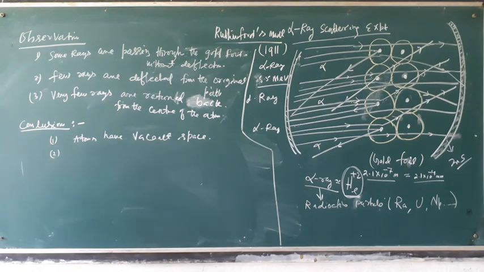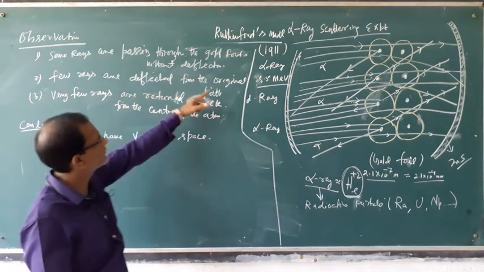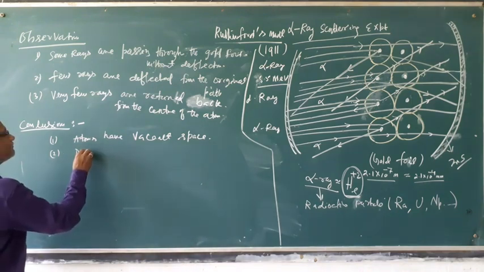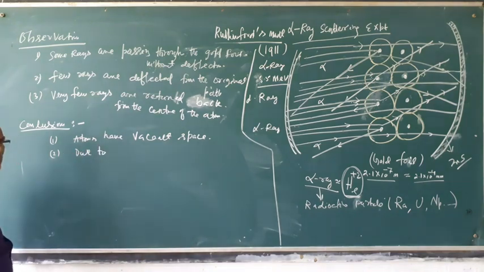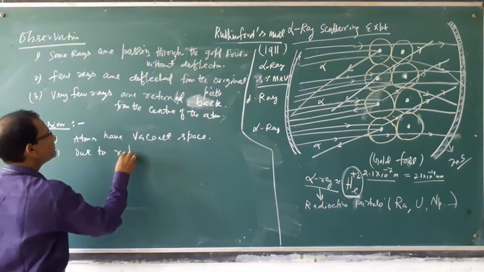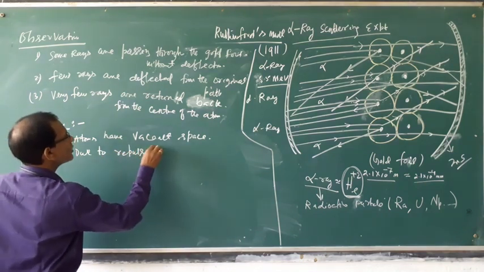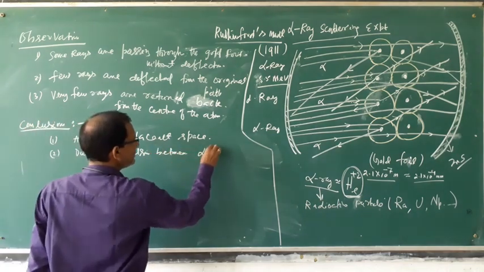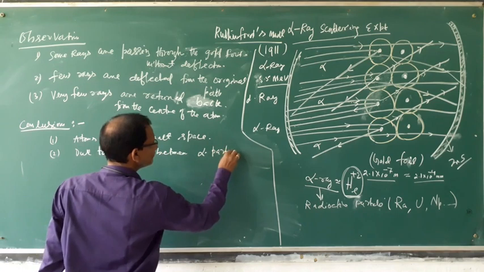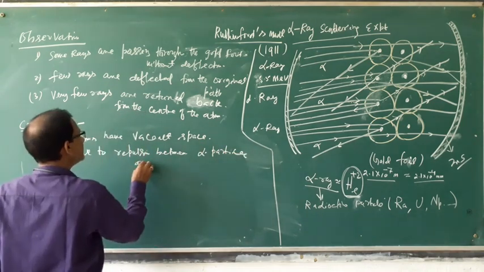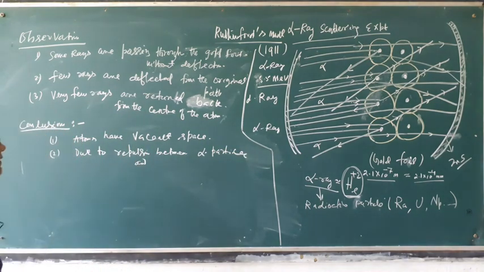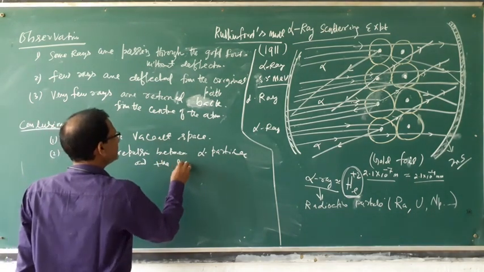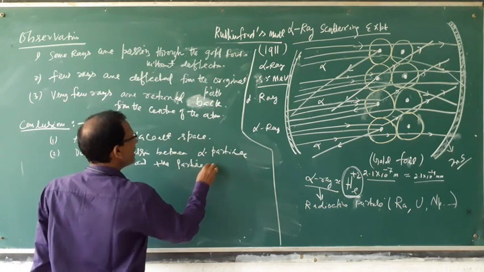Second conclusion: few rays are deflected from the original path due to repulsion between the alpha particle and the positive particle at the center.